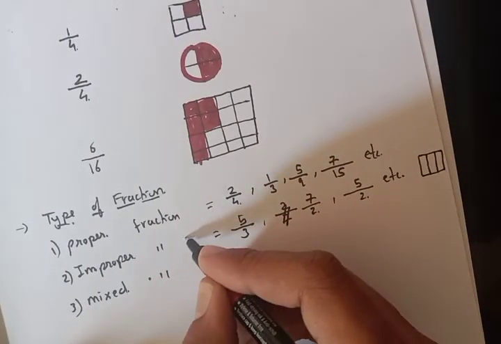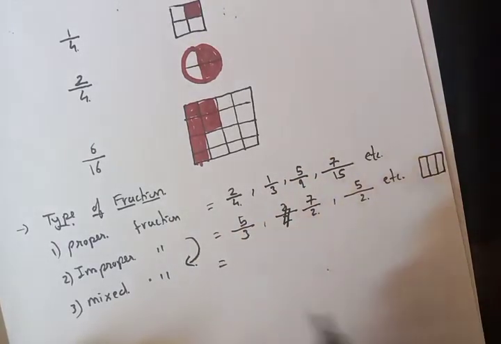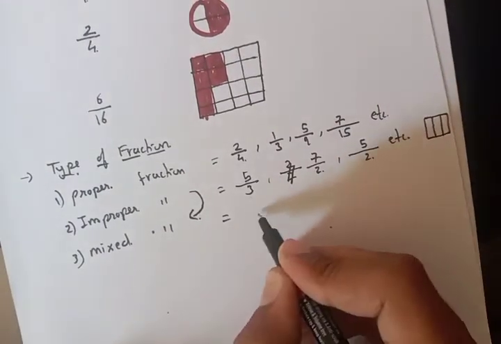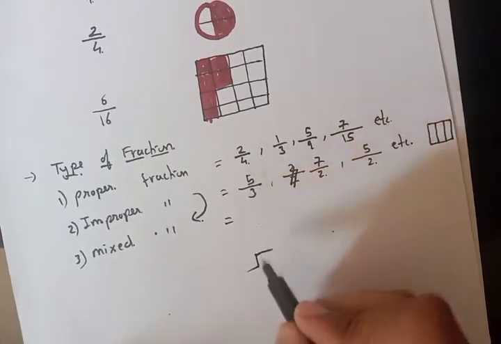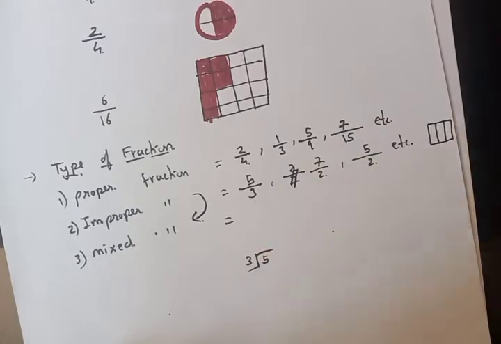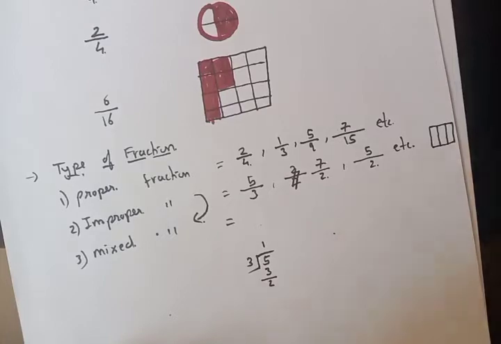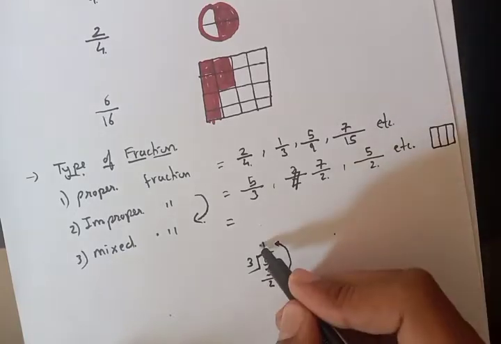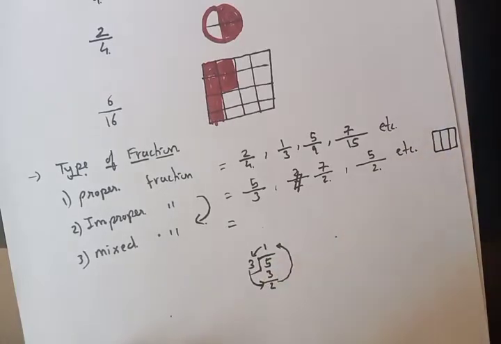Now an improper fraction has to be converted into a mixed fraction. How can you convert it into a mixed fraction? You just have to do a simple division. Take the division: the numerator always goes inside and the denominator comes outside. 3 ones are 3, so 1 goes up, 2 comes down, and 3 stays on this side.